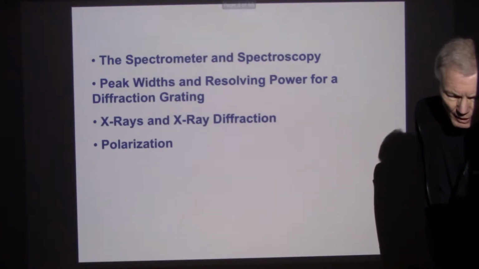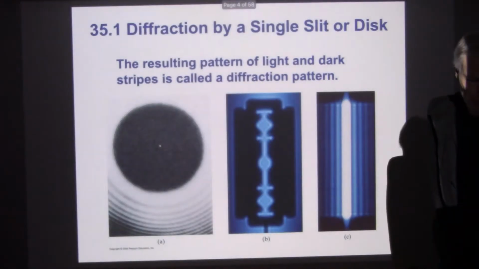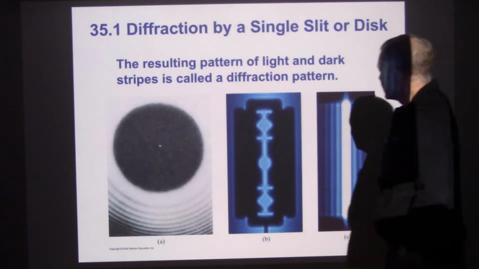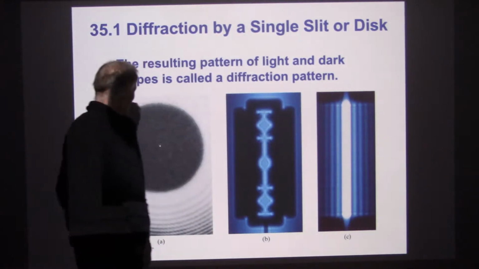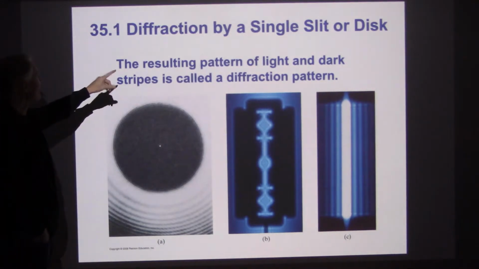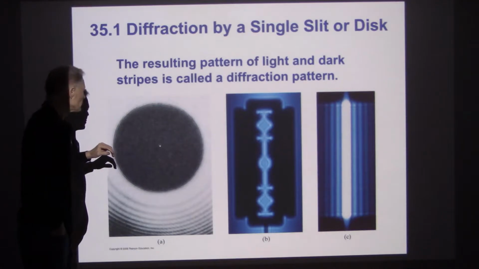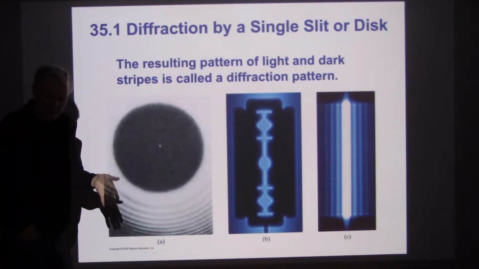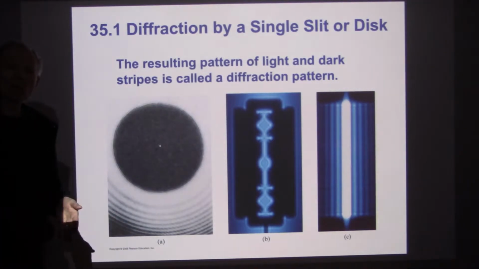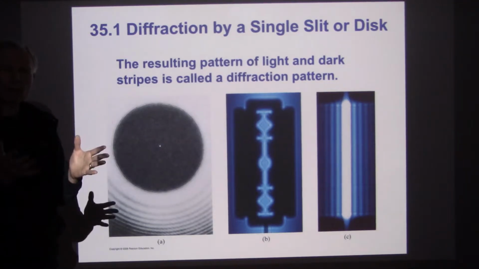There's a list of topics within the chapter. Again, I'm going to run through those pretty quickly and start talking a little bit about diffraction. Now, diffraction effects show up when we take a close look at light passing around different objects.